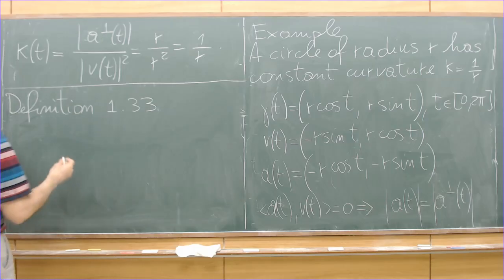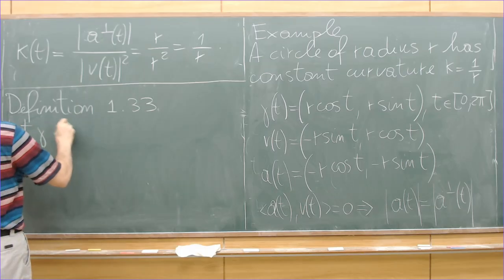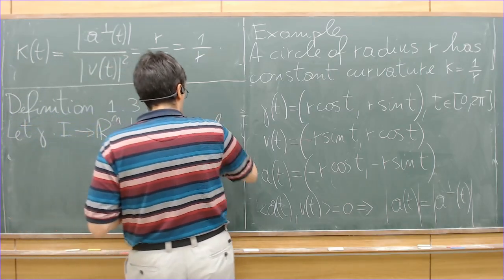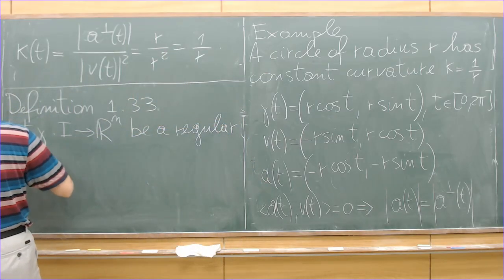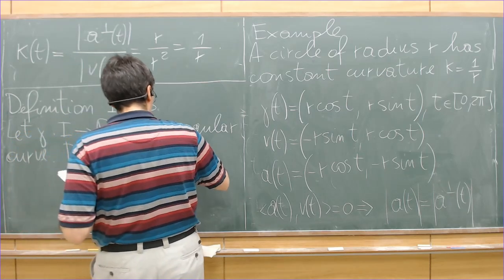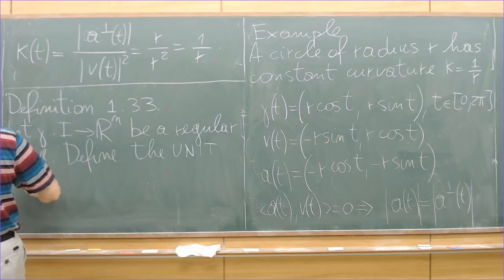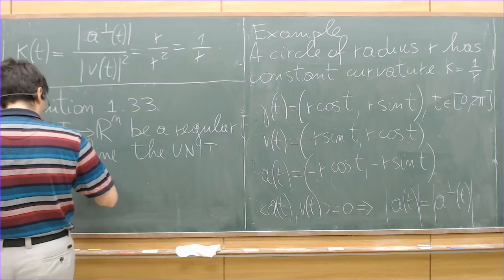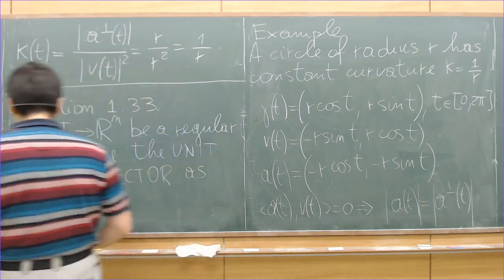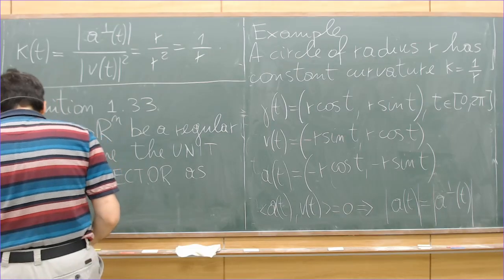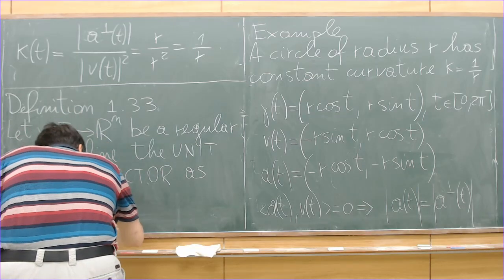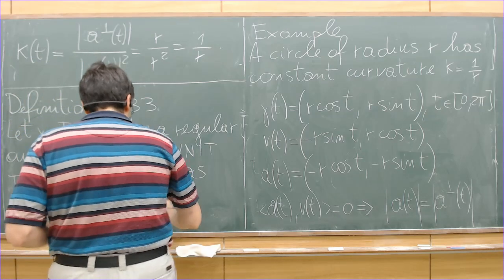So Definition 1.33 says that if gamma is a regular curve, we can define the unit tangent vector as T of t equal to the quotient of the velocity vector and its length, with t in I.